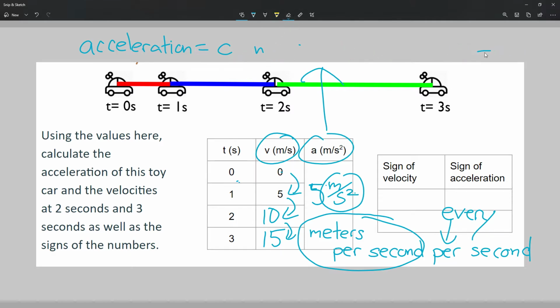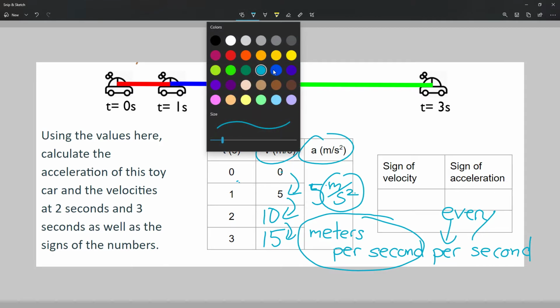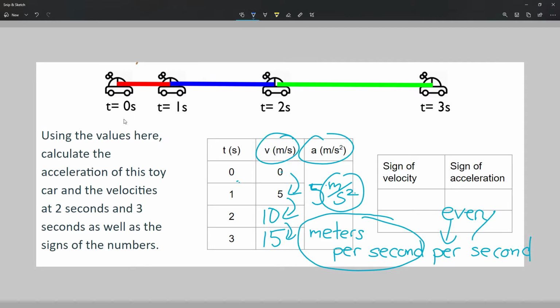Thinking about it a different way. Let's say my velocity is 5 meters per second here.